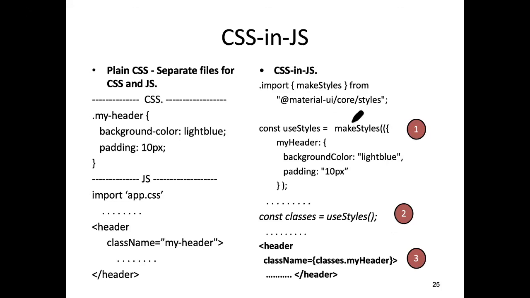And the only thing to remember as well is when you are coding your CSS in JS, then you must use camel case syntax. So for example, here it's backgroundColor written in camel case, whereas the equivalent in plain old CSS is using the hyphenated approach.